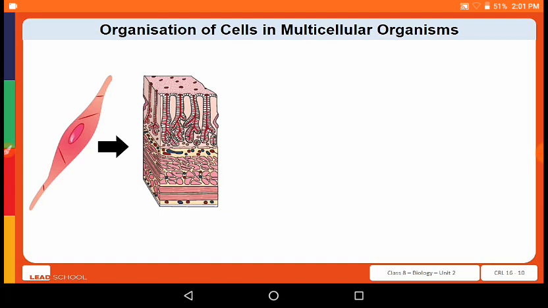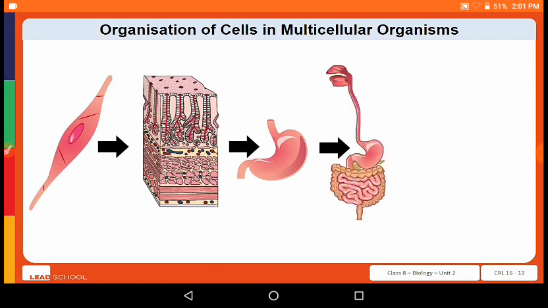Multiple tissues combine to form organs, which can then individually perform a specific function. Different organs then work together as a part of an organ system to perform a specific function. For example, the mouth, stomach, and intestines work together to digest food in the digestive system.